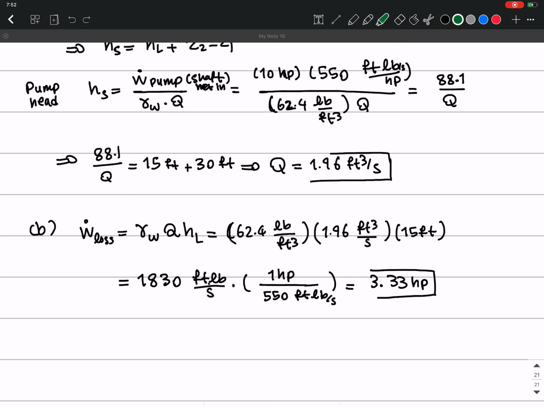So we have done the Bernoulli equation. We now know the Bernoulli equation and also the modified form of that, which we found from the energy equation, as well as the linear momentum equation and the continuity equation, okay? After this, I will briefly review chapter 6, which is conservation of mass in differential form and conservation of linear momentum in differential form, but I'm not going to go into too much detail because that's kind of out of the scope of the course.